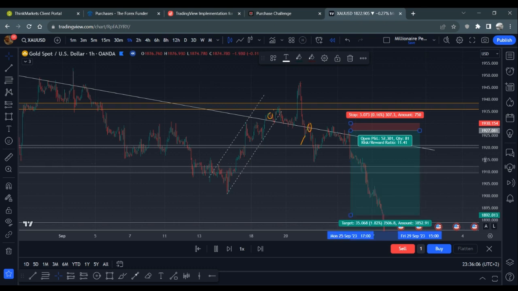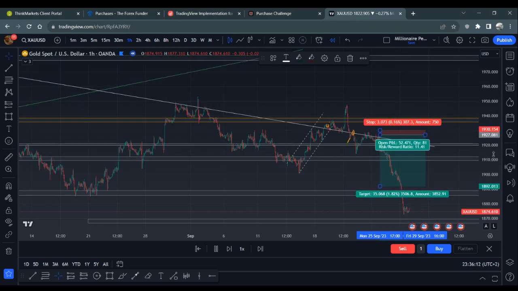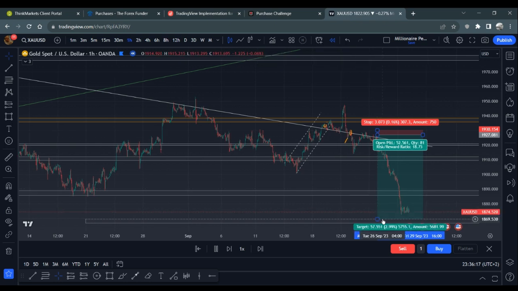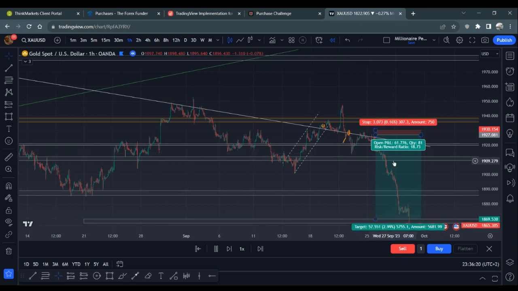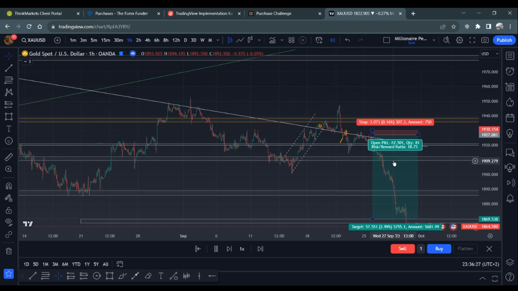So let's see what happens here on this Black Friday gold. I personally would have just sold until here, because I was just trying to get out of here. But as you can see, this is an 18 to 1 risk to reward ratio. Okay, so that's big on gold.